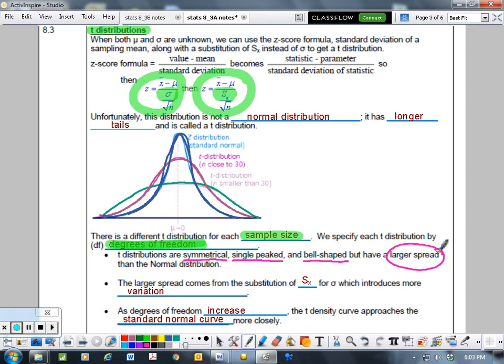The larger spread comes from the substitution of the standard deviation of the sample, which introduces more variation than the standard deviation of the population. That is just enough to make it not a normal distribution. As degrees of freedom increase, the t-density curve, or t-distribution, will approach the standard normal curve more and more closely.